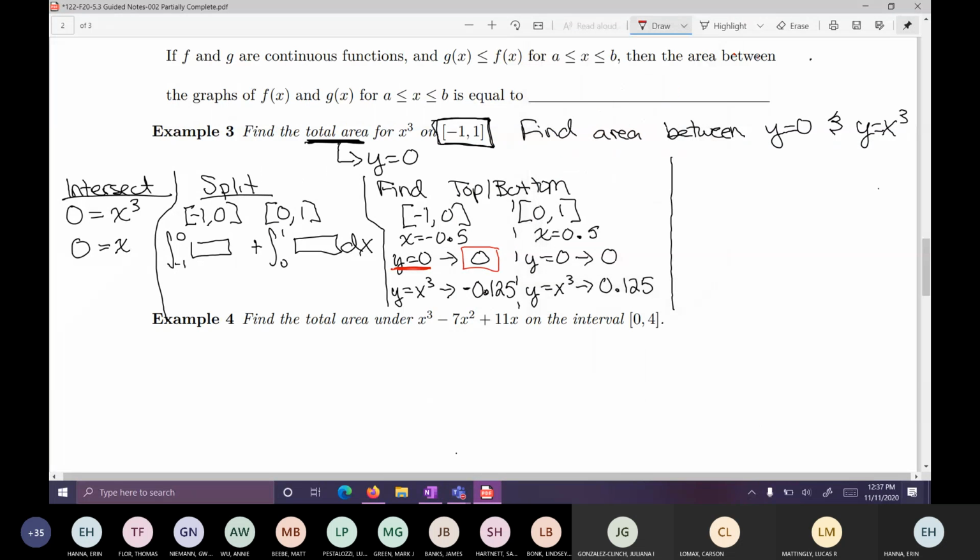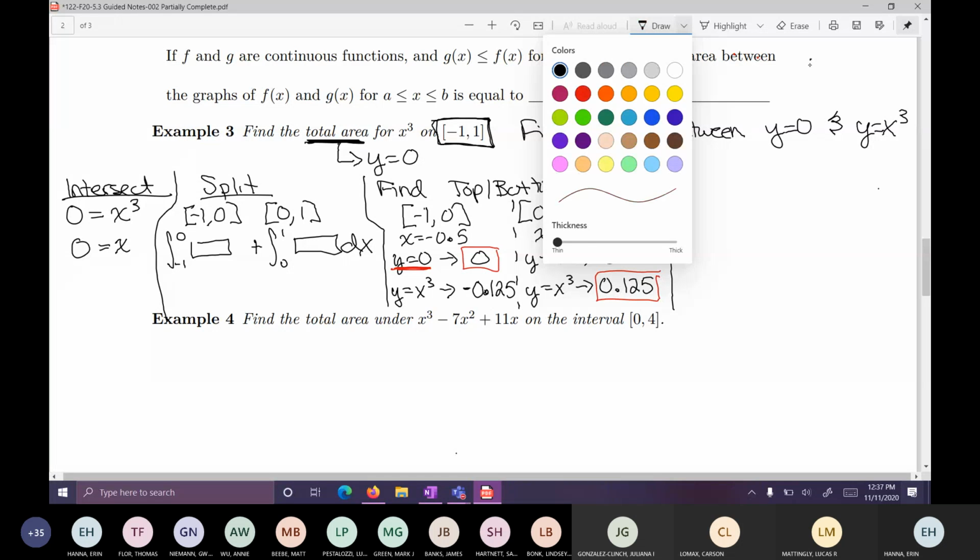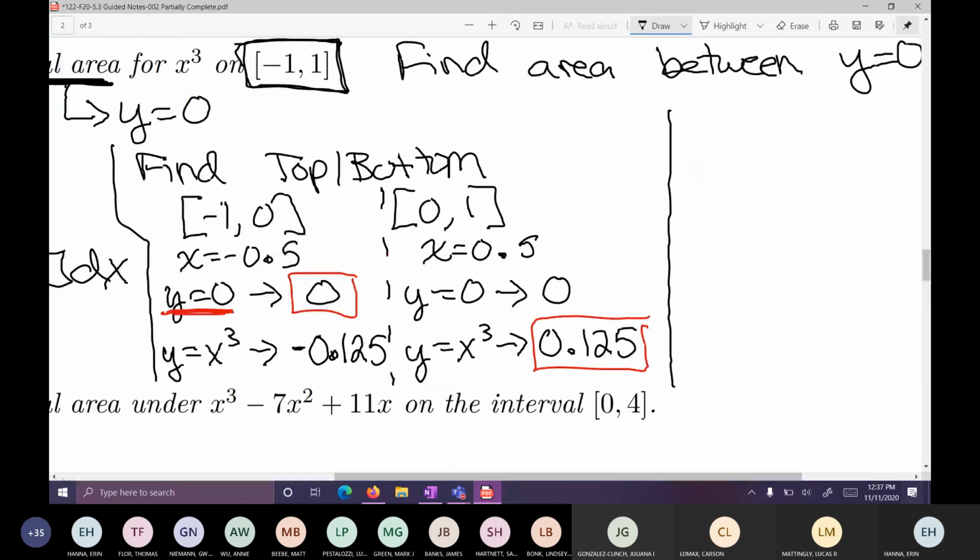What's the larger number between those two? 0.125. I'm running out of space. Let me zoom in a little bit real quick. If you were to graph this, it would look like this.